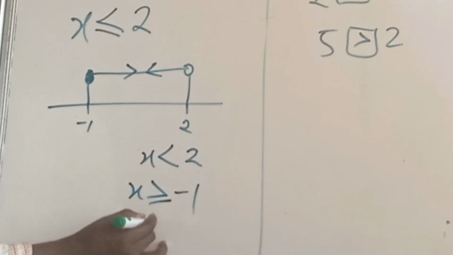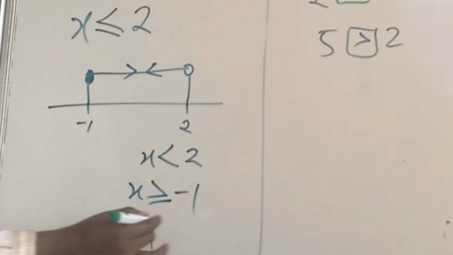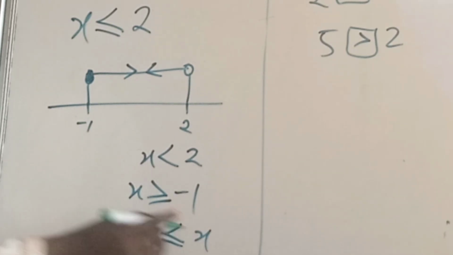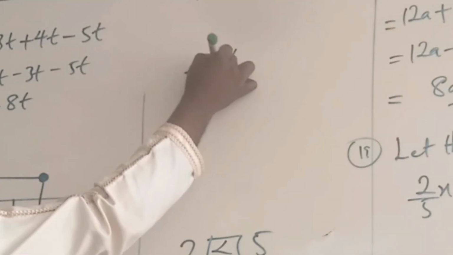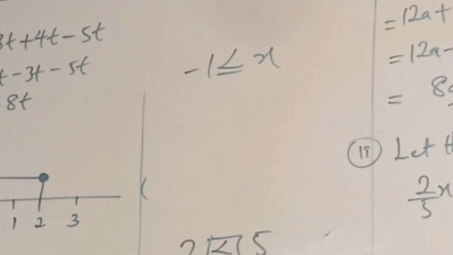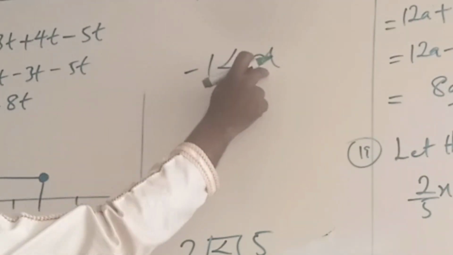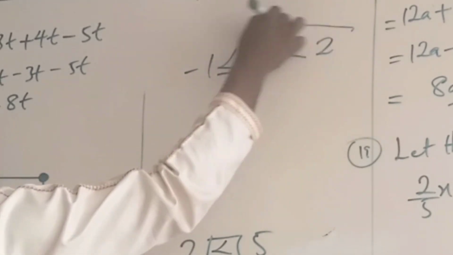To now do what? -1 less than or equal to what? x. I've changed it. I'm still saying the same thing. If x is greater than or equal to -1, it's the same as saying what? -1 is less than or equal to x. So I have this one. Now -1 less than or equal to x. So I can then combine it with this one. This one is what? x less than 2. So instead of writing x again, this x is less than 2. That's the answer.